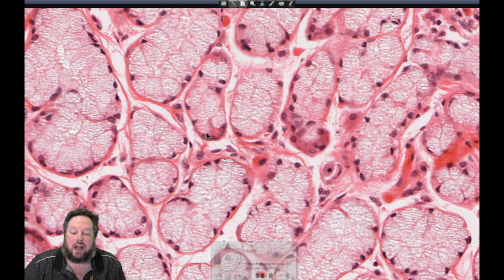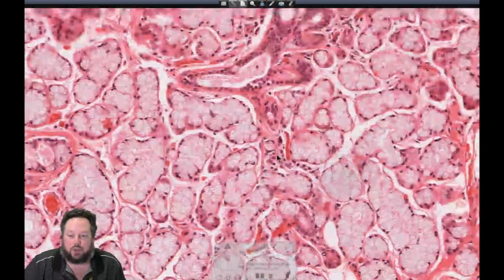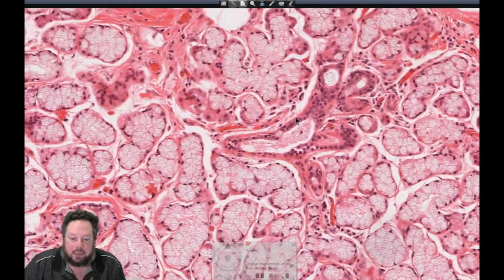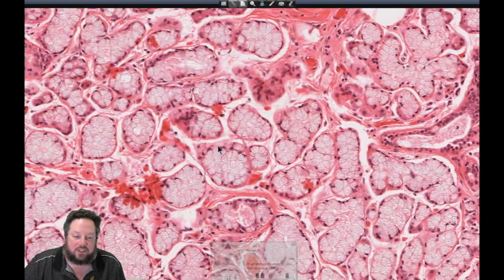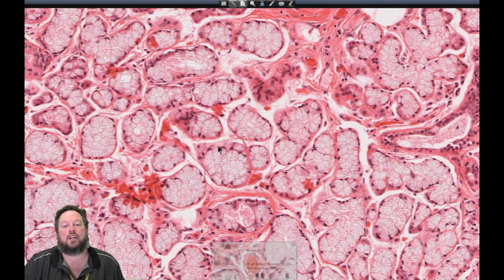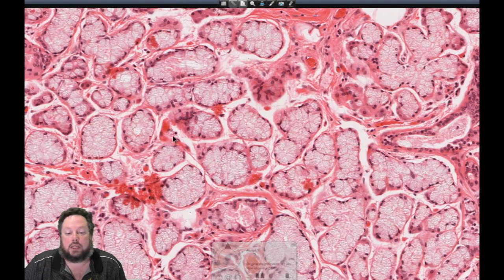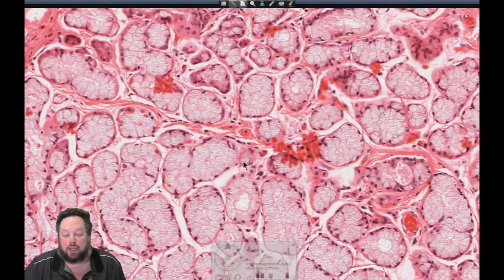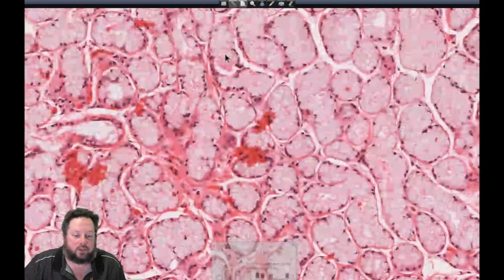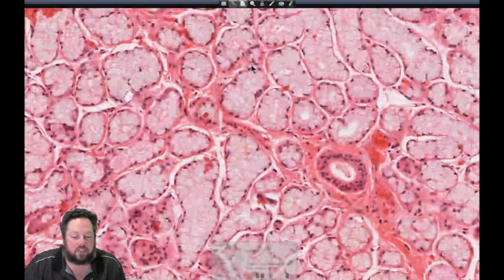So what you're looking for is the round nuclei, more acidophilic staining cytoplasm, which is typical of these serous secreting portions. Again, we've got our intralobular ducts here. Now, some textbooks say there are no striated ducts in the sublingual salivary gland, but I'm not going to say that.